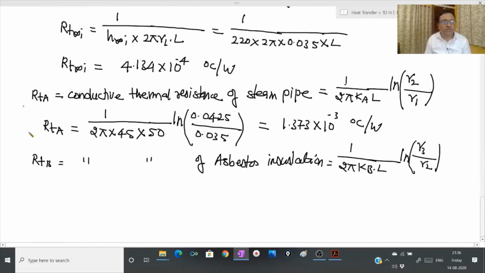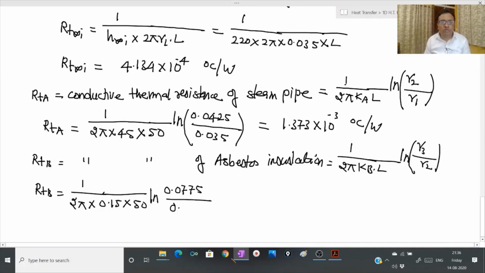Now putting the values of all these parameters, RTB is 1 over 2 pi, the value of KB is 0.15 watt per meter degree Celsius, into L is 50, log of R3 is 0.0775 over R2 is 0.0425, and this comes out 0.0127 degrees Celsius per watt.